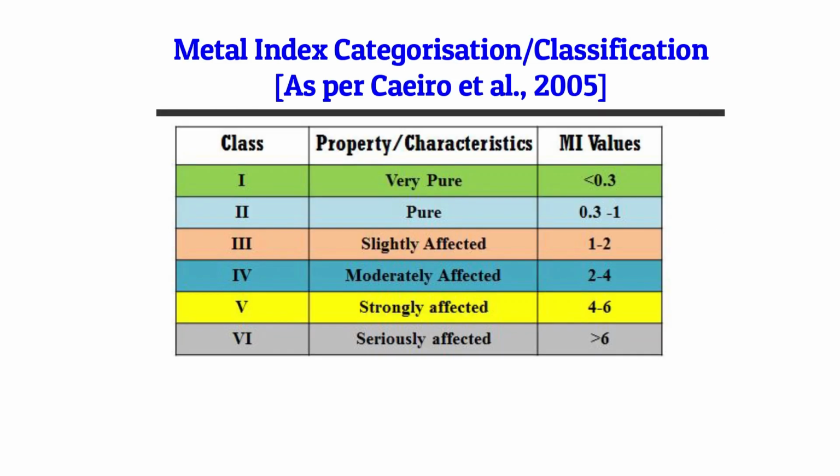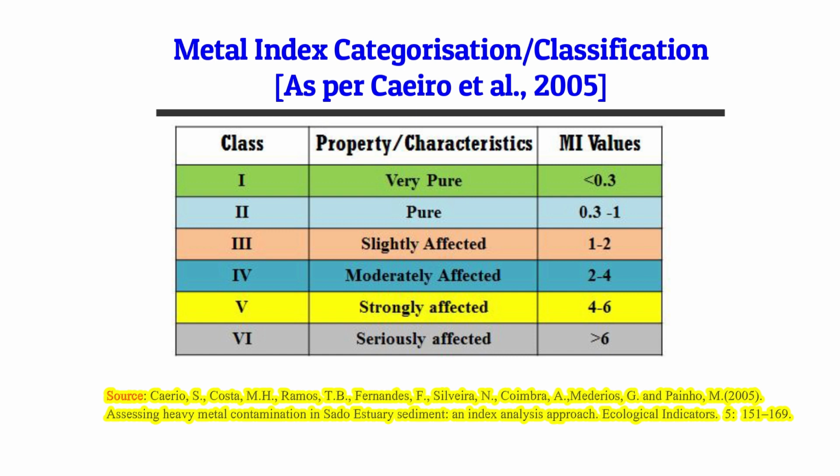However, later on, in the year 2005, Caerio et al. developed the metal index categorization and classification. And according to Caerio et al. 2005, water quality has been classified into 6 different classes, starting from class 1 to class 6.